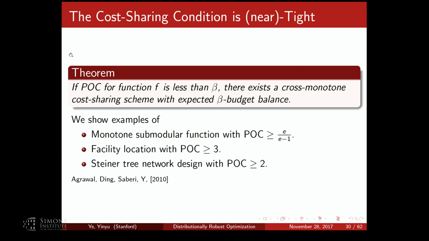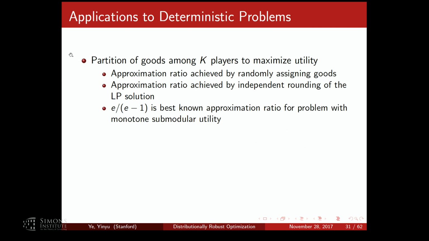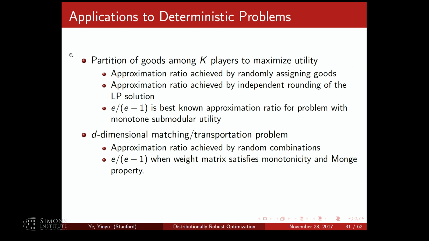For many of these kinds of functions, you can prove POC is greater than 2. There is some gap between 3 and 6 and 2 times 4, but they differ only by constant factors. So that can be used to prove POC also has a lower bound. There are also applications to some deterministic problems, proving this bound is tight.